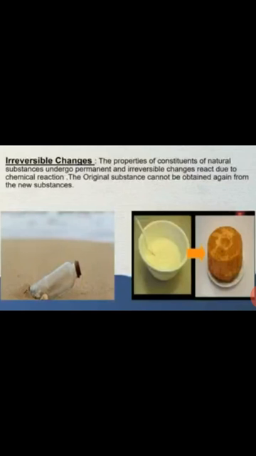If we make a glass once, then it cannot be reversed into calcium carbonate and sand again. It is a permanent change. That is, the original constituent substances cannot be obtained again from the new substance. Such changes are called irreversible changes. Okay, students.